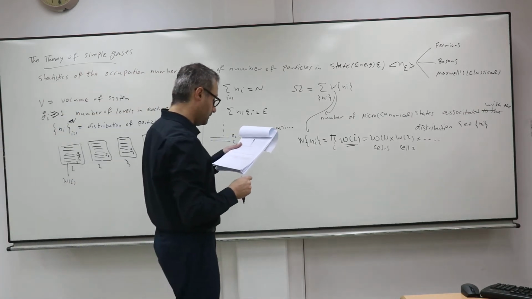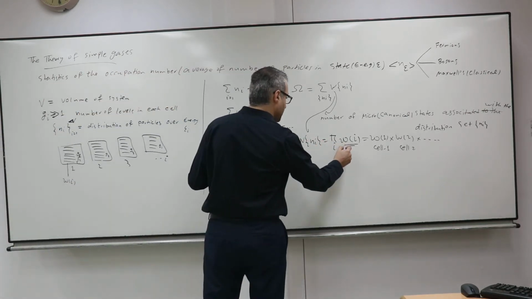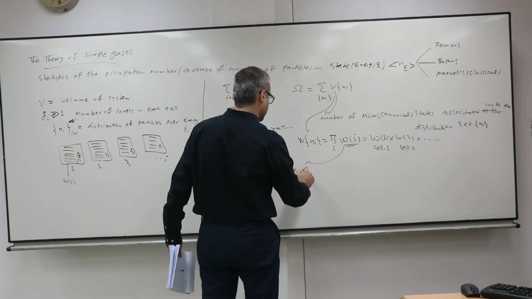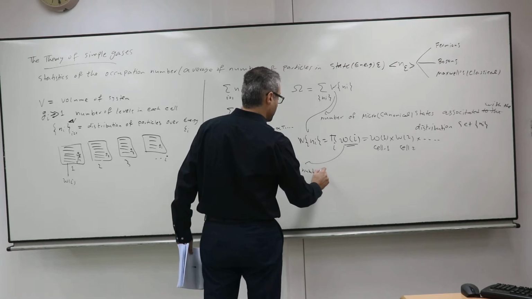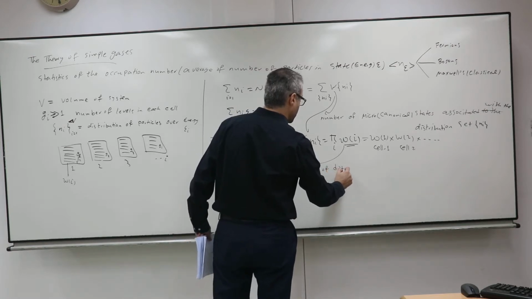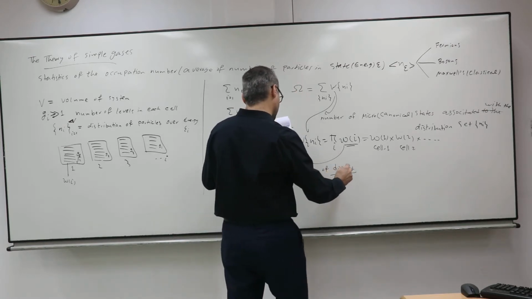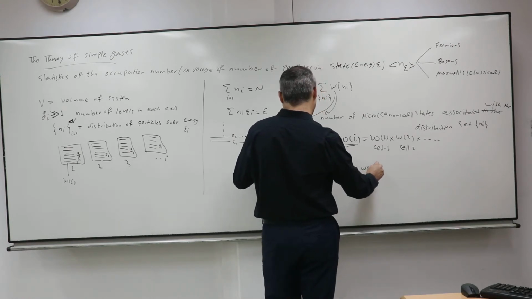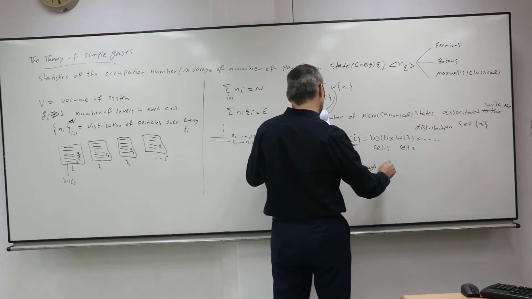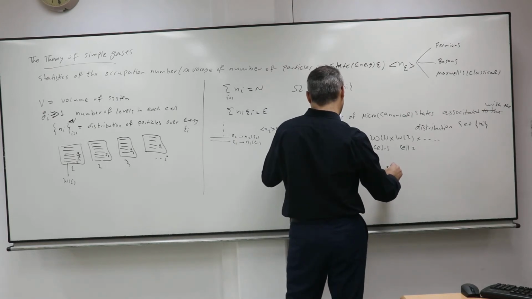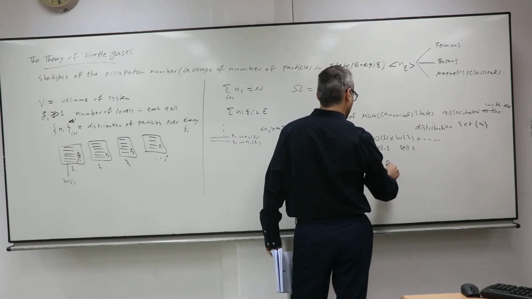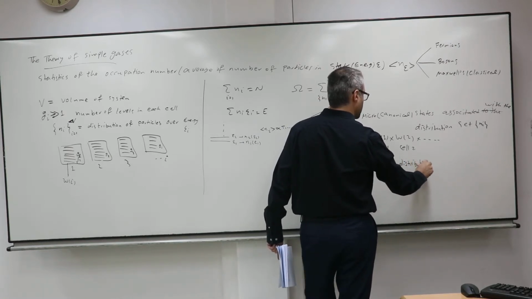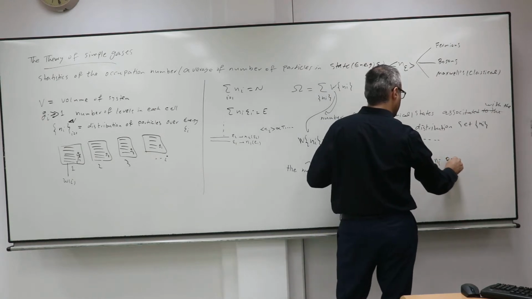So actually, what is the Wi? Wi is the number of distinct or different ways for distributing Ni particles.